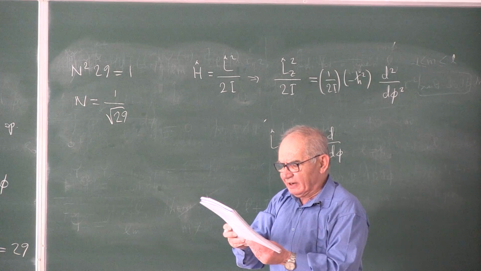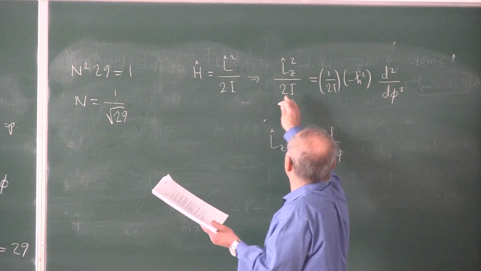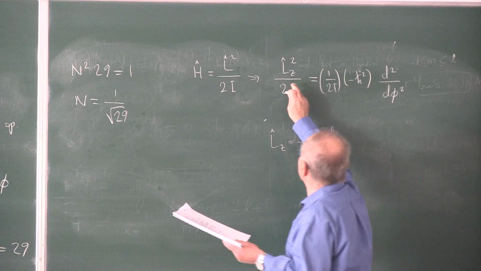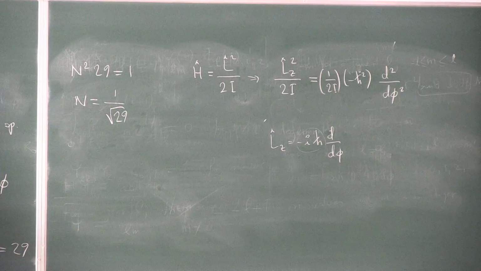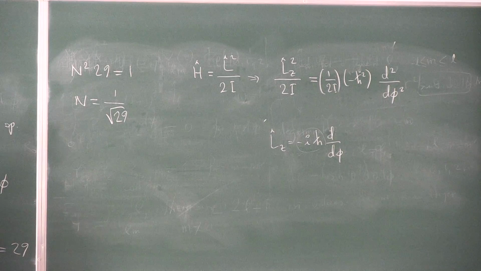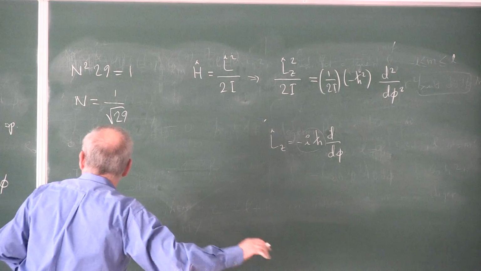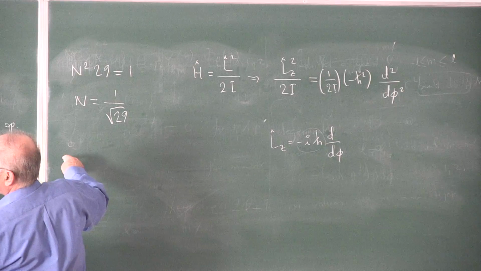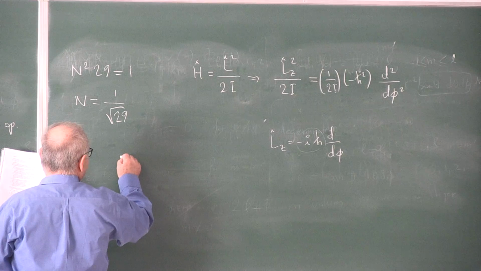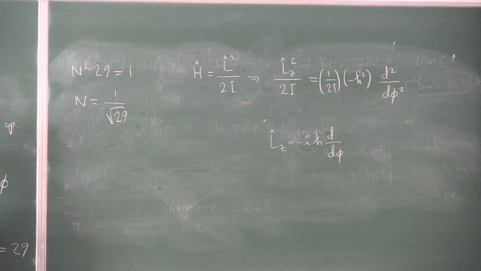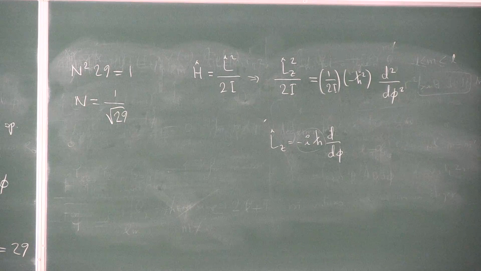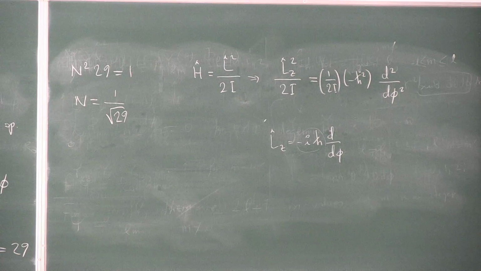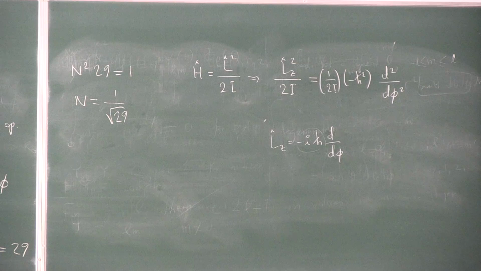Is psi an eigenfunction of this Hamiltonian? Let us use this part in symbols. What is psi? This n is not important for showing whether it's an eigenfunction or not.